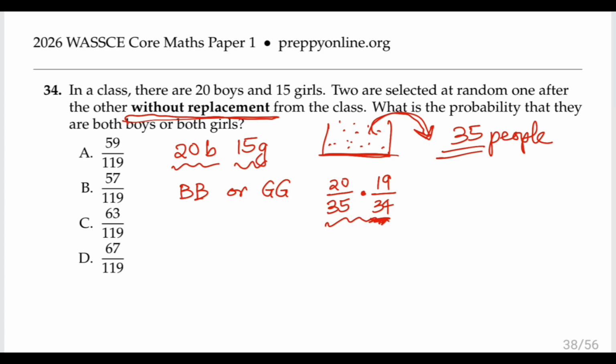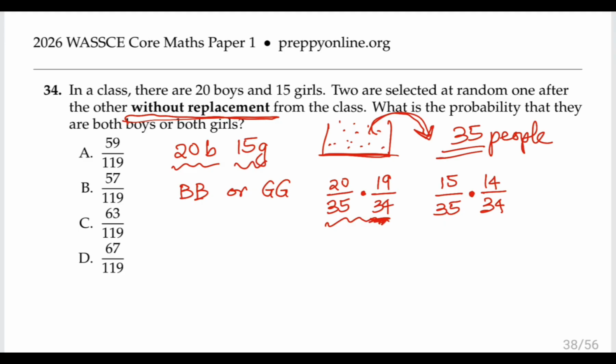Starting the whole experiment all over again, there are 15 girls. So the probability that if we start afresh we'll select a girl first is 15 over 35. Now, having selected a girl first, if we do a second selection, the probability that that person will be a girl is now 14 over 34.